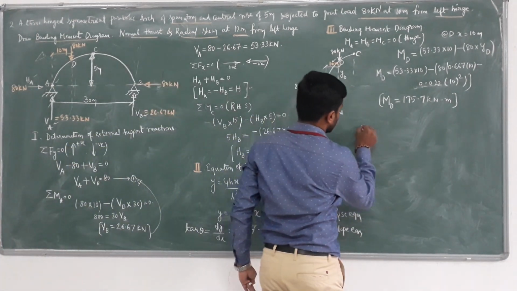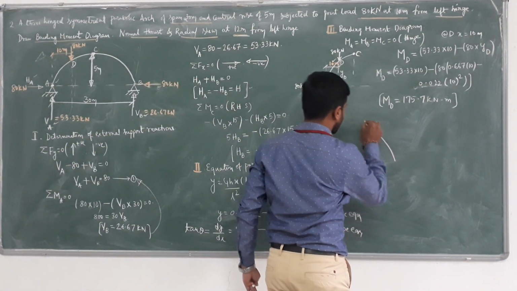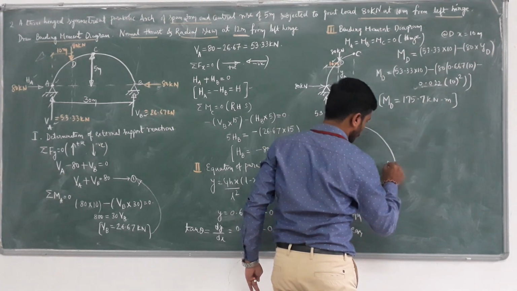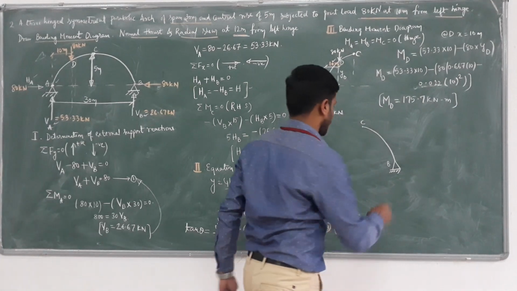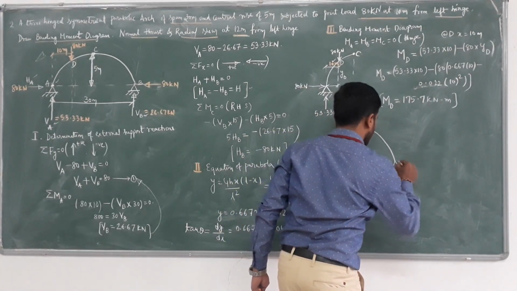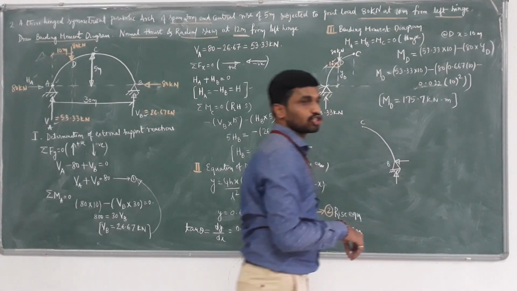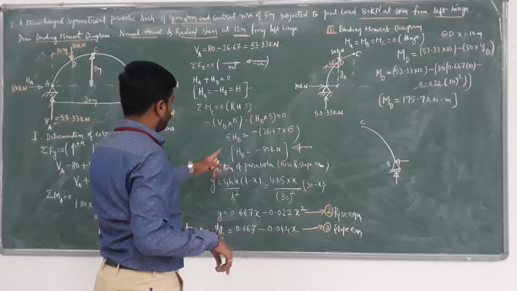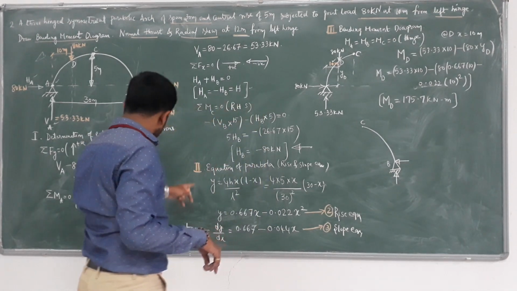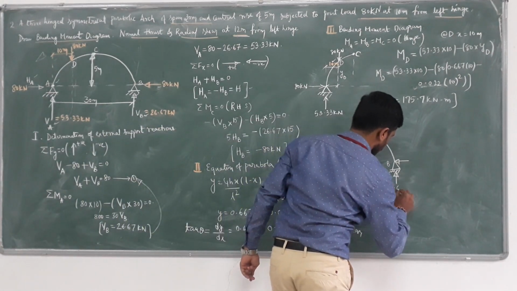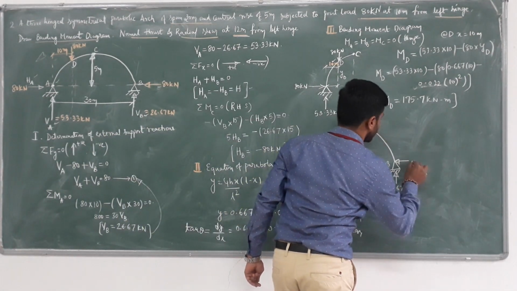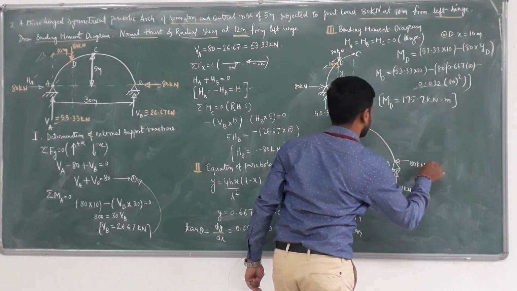Therefore, consider the portion CB. I know the value of VB, which is 26.67, and the value of H, which is 80.